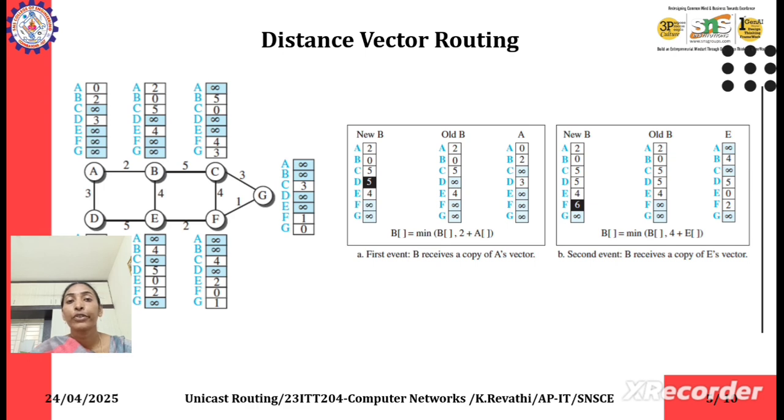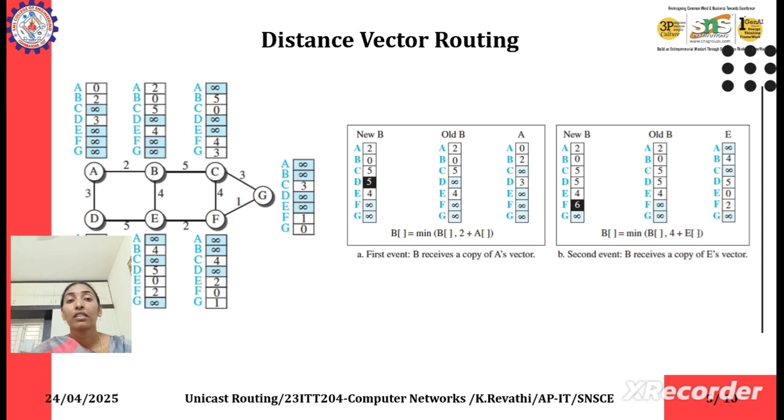E also has three immediate neighbors. Those distances are mentioned directly in the routing table, and other distances from E are infinity. Then F has three neighbors, C, E and G. Those distances are denoted directly in the table, and other distances are infinity.